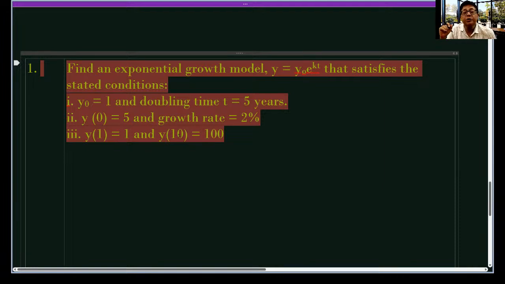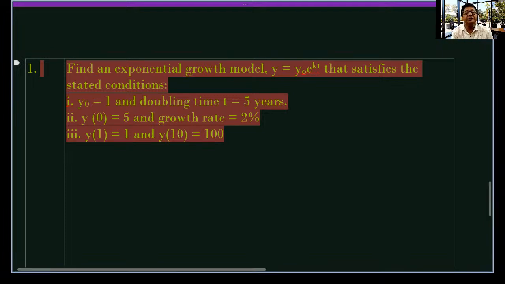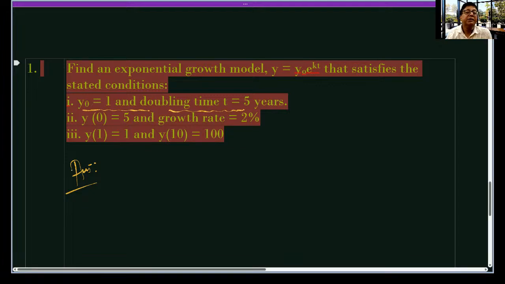Find an exponential growth model y equal to y0 e to the power kt that satisfies the stated conditions. What's the condition? y0 equal to 1 and doubling time t equal to 5 years. I did not change the symbol; I have kept the same symbol as in the support material.